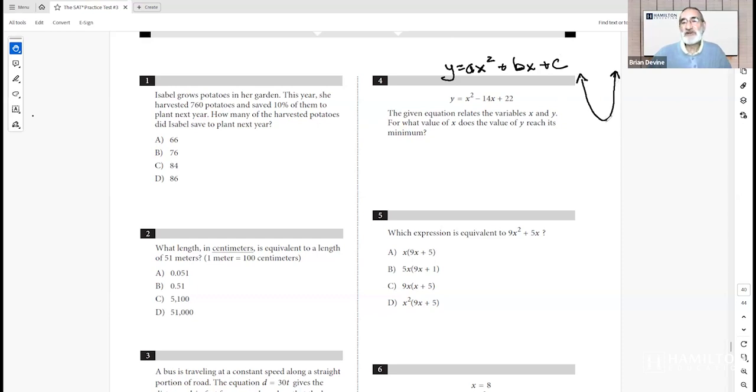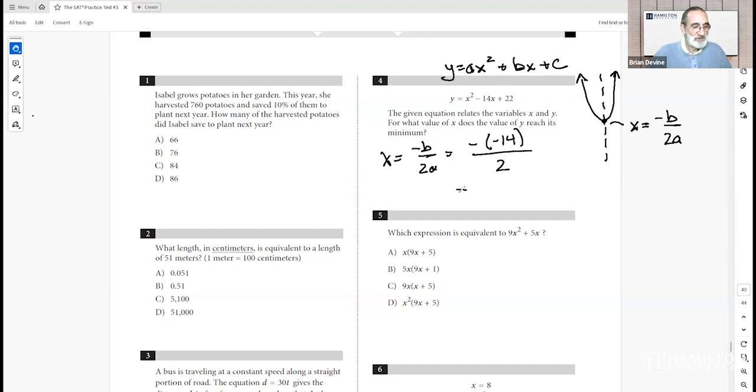And the minimum value would be at the vertex. And we can find the vertex point is going to be when x equals negative b over 2a from the standard form. So negative b over 2a is the x we want. That's going to be negative 14 over 2 times 1, which would be positive 7. So 7 is your answer.